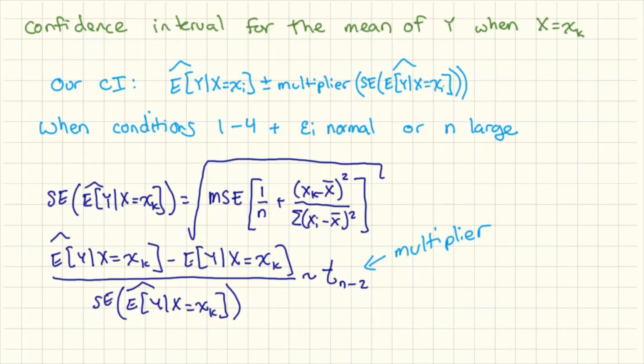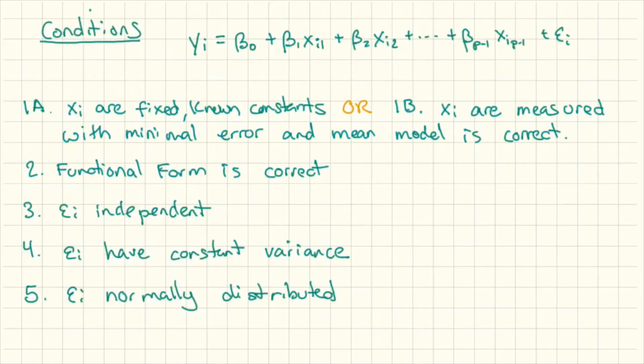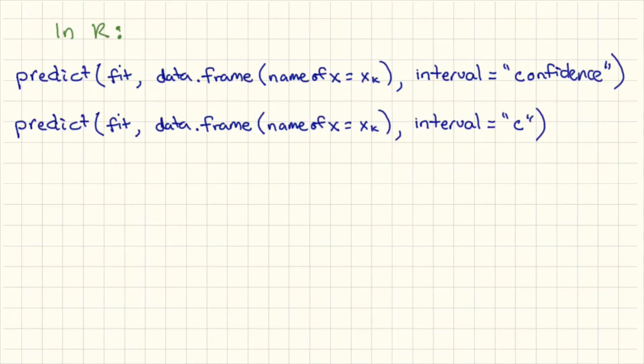So that's going to be our multiplier. You won't actually have to do the calculation by hand because we're just going to use R. Using that same predict statement, we can now add interval equals confidence, or you can just shorten it by doing interval equals c, and it will give you a confidence interval as well as the point estimate.